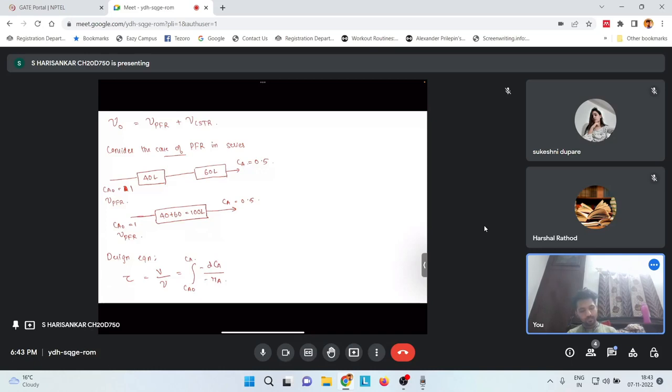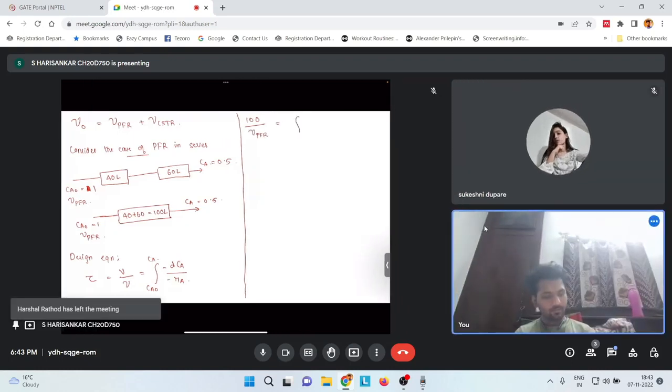Let us substitute all our values here. So we have 100 liters by nu PFR equal to the integral of minus dCA by RA, and the reaction here is first order.